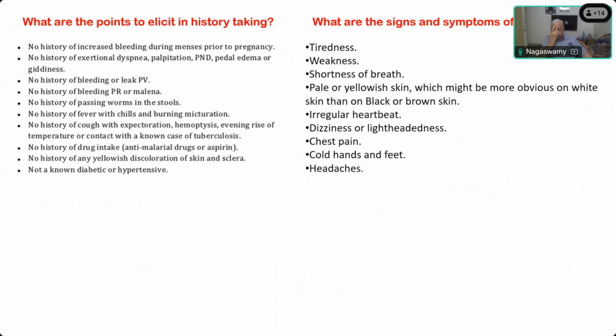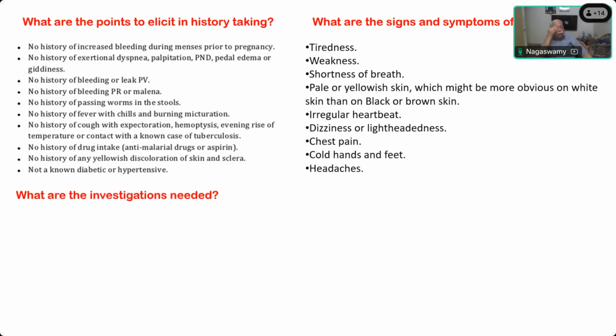The oxygen carrying capacity is not normal. So with early hypoxemia, they feel very exhausted and tired in their day-to-day activity itself. Later on they start feeling shortness of breath, and they have pale or yellowish skin. They may have irregular heartbeats, dizziness and lightheadedness, chest pain, cold hands and feet, and headache. So these are all the signs and symptoms which you should ask for.